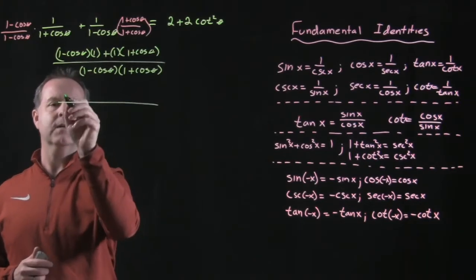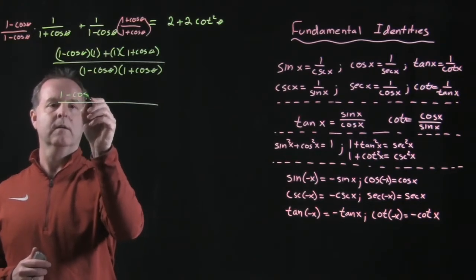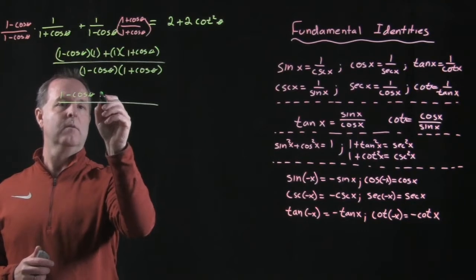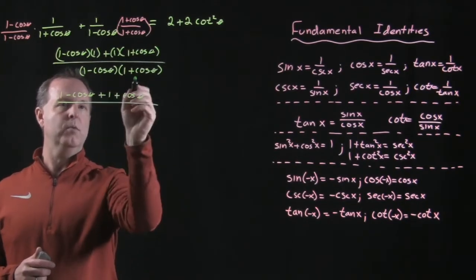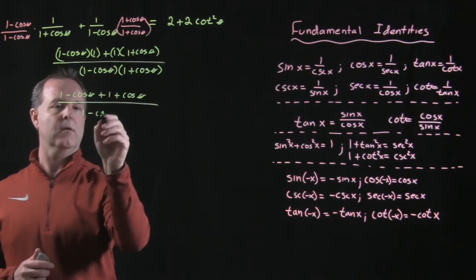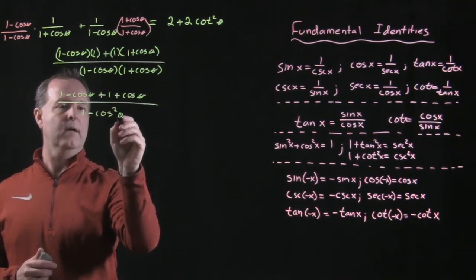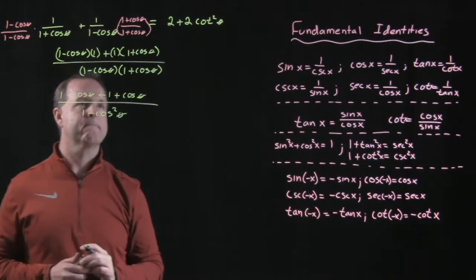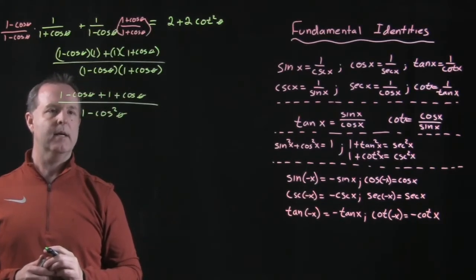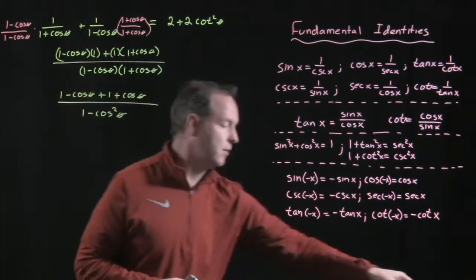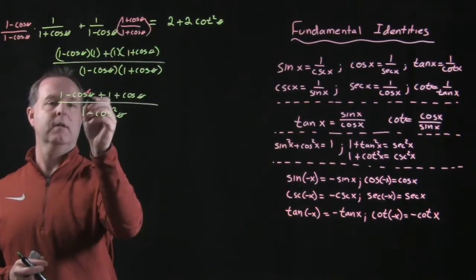So that's 1 minus cosine plus 1 plus cosine. The numerator then becomes, the cosines cancel out, or zero themselves out.